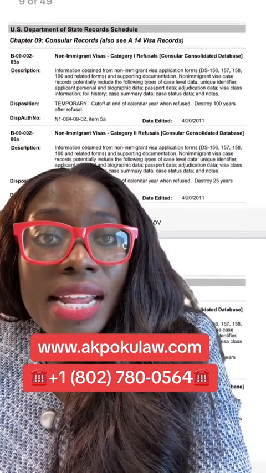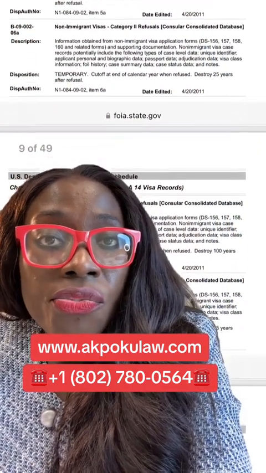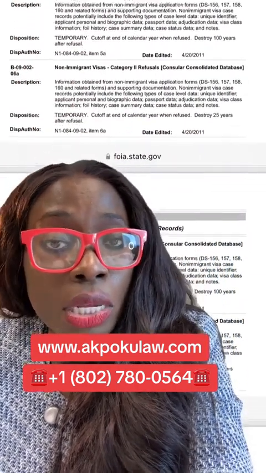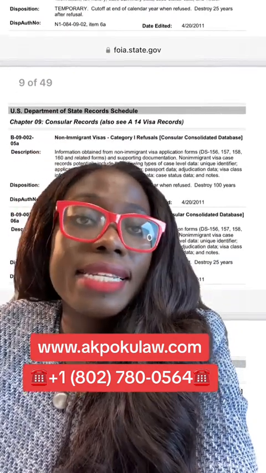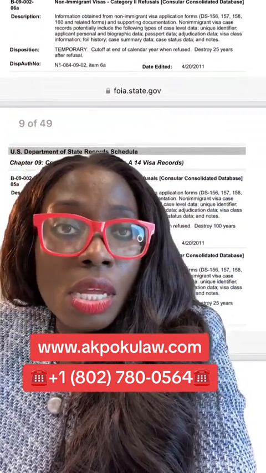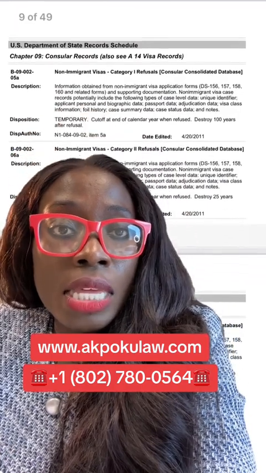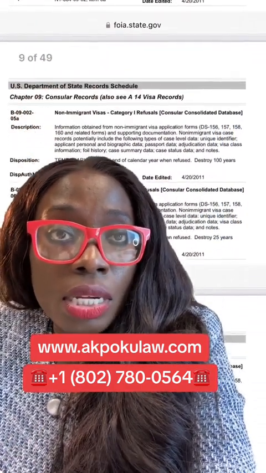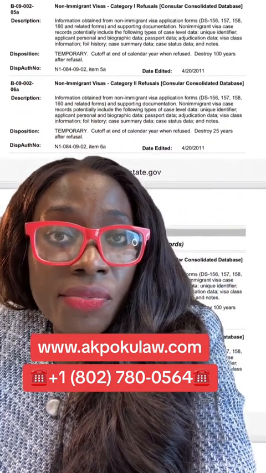Now we have another category of refusal, the category 2 refusals for non-immigrant visas. Those would usually include refusals under section 214B or refusals under 221G. You would usually destroy, according to this information, after 25 years.